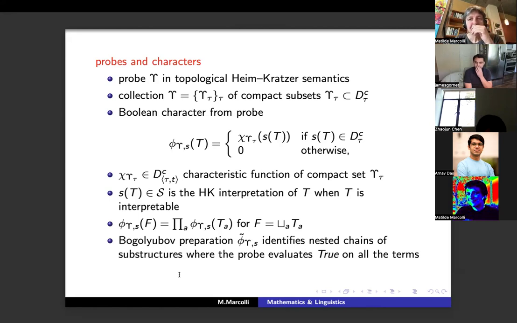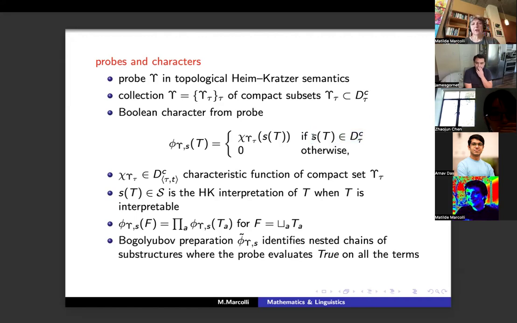So here I'm not in a vector space, so I cannot compare vectors, but for example, I can think of a way of constructing probes by choosing a certain family of compact subsets inside a given denotation of types. I have the characteristic functions of those subsets, and so I can test belonging to these subsets by evaluating the characteristic function on my element, which corresponds to a certain structure.